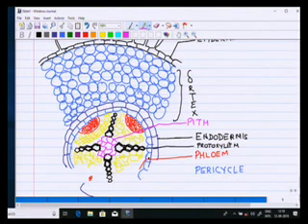Now we have some requirement of marker, right. Now please see these cells very carefully, the endodermis cells. Now the endodermis cells that are present here, I have to make a coating of suberin.